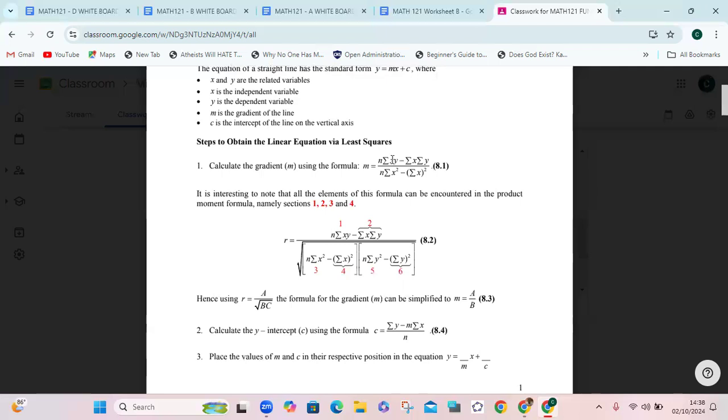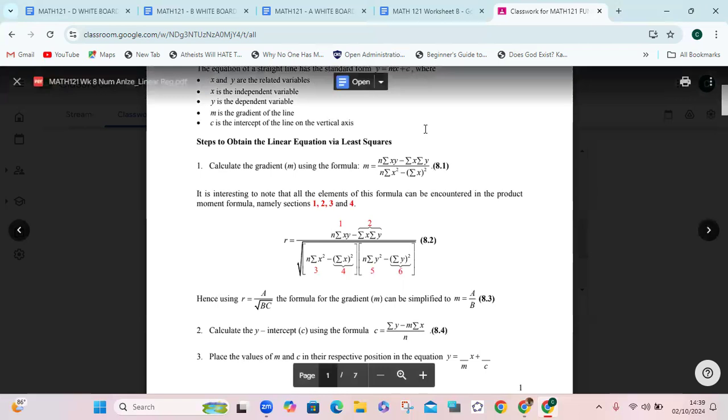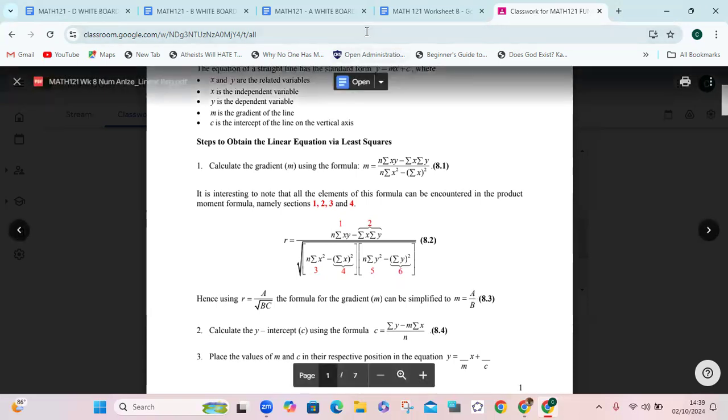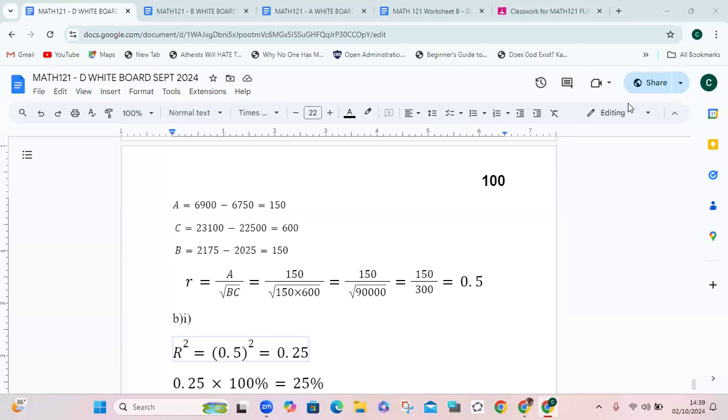Now, when we look closely at this formula, we realize that the numerator is identical to the product moment formula, which we call A, and the denominator is identical to that of 3 minus 4, which we call B. So the gradient simplifies to A over B. Remember, we calculated A to be 150 and we calculated B to be 150.